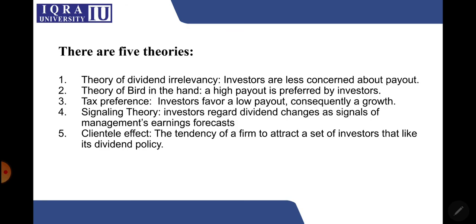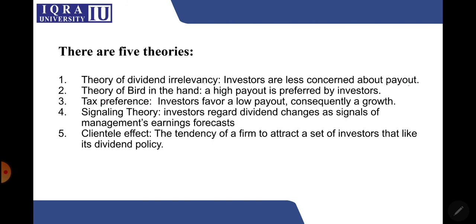Now there are 5 theories that will explain how different payout ratios will have an impact on the stock price and how investors prefer dividend or capital gain. We have the theory of dividend irrelevancy, which says investors are less concerned about payout, then the theory of bird in the hand, which says a high payout is preferred by investors.